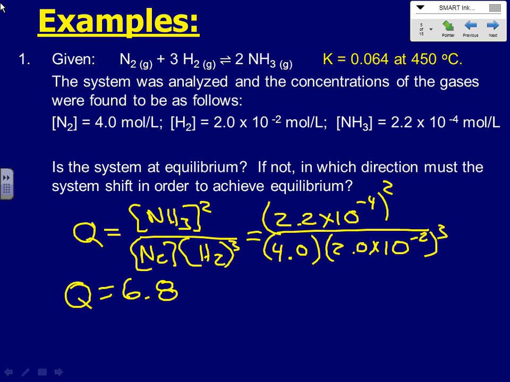If I just look at the exponent rules, 10 to the negative 4 squared is going to be negative 8, right? And then I'm going to divide off a power of 10, which is 10 to the negative 2 times 3, that's 10 to the negative 6. Negative 8 divided by negative 6 is going to get me negative 2, right?